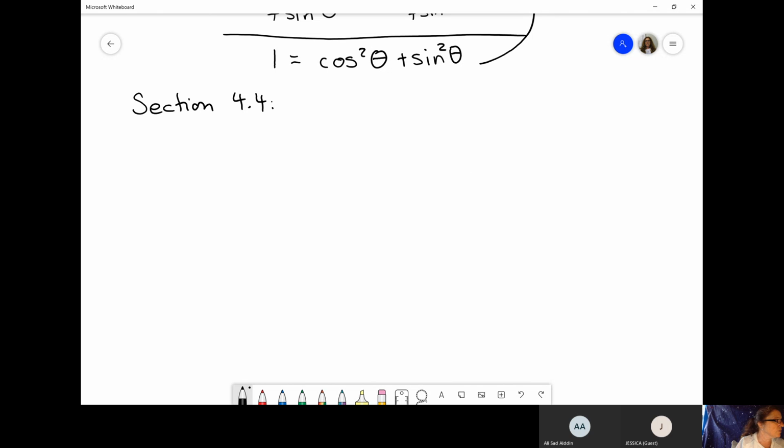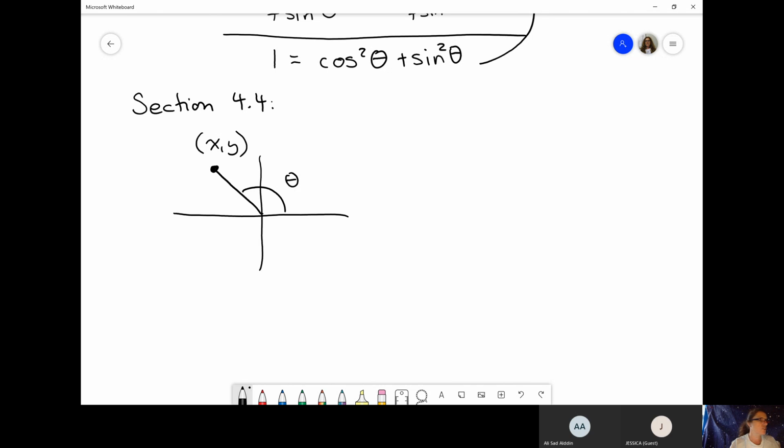So section 4.4 is trigonometric functions of any angle. It's basically, again, very similar to 4.3. Let's just say you have some kind of angle theta here. That's theta. And we have, again, our x and y coordinates.